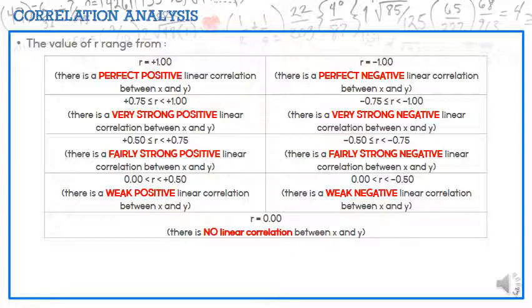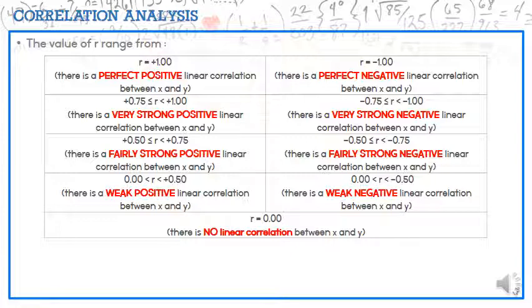If you have R between +0.75 to less than 1, it still indicates a positive relationship, but it's not perfect, still a very strong positive linear correlation. If it is between 0.5 to 0.75, fairly strong or moderately strong positive, and if it is below 0.5, it indicates a very weak positive linear correlation.